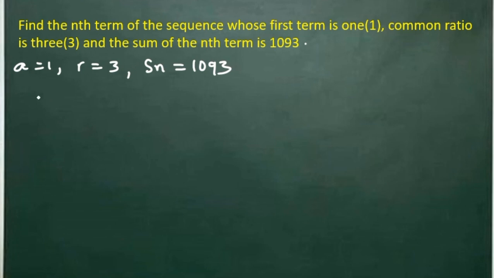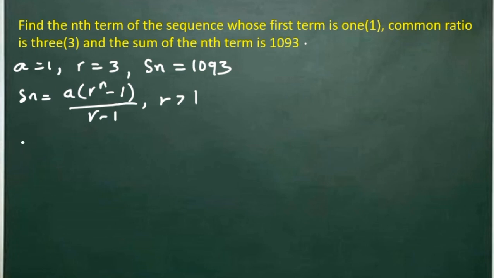Now we know that Sn is given by the expression a into bracket r to the exponent of n minus 1, all divided by r minus 1, for r greater than 1.